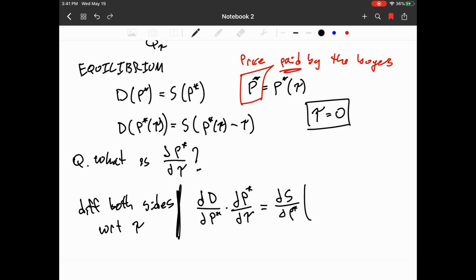So that comes out to be the derivative of p star with respect to tau, minus the derivative of tau with respect to tau. But that's just equal to 1. So we'll just write this as 1 here.